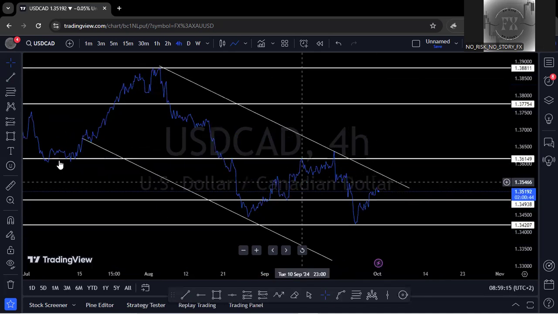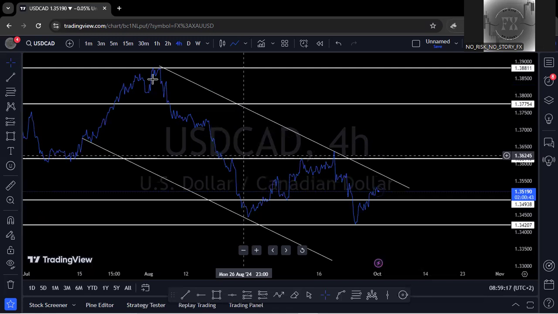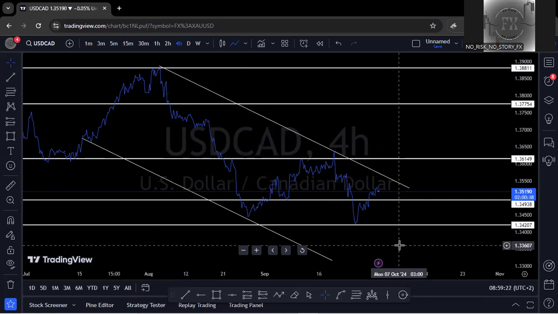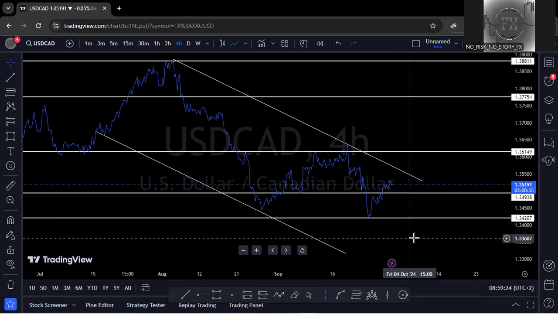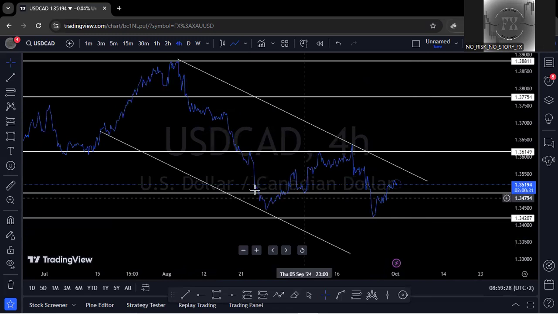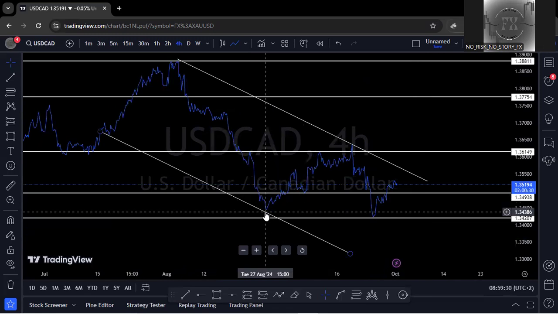So we currently have this bearish trend, right? So it means the market is on a bearish momentum, right? But this is my view on a 4-hour time frame, right?